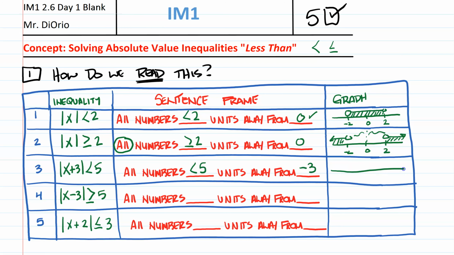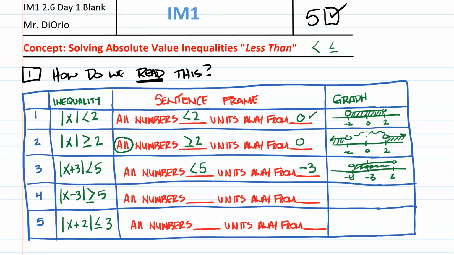On the number line, if this is -3, I would go 5 units to the right, and that would put me at +2, and I would go 5 units to the left, and that puts me at -8. So I would have these numbers here. Any of those numbers right there are less than 5 units away from -3.